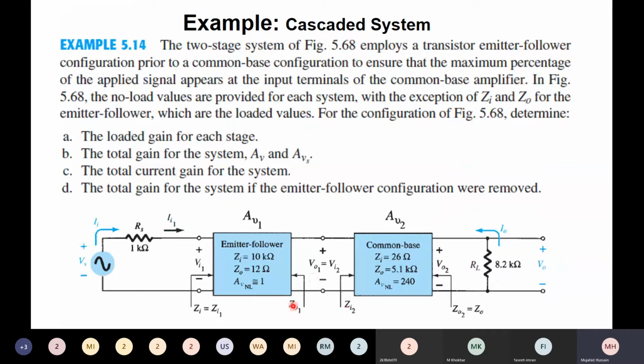To find V naught 1, we write the input impedance of this stage in the numerator divided by the sum of these two, multiplied by the source voltage, because the input voltage will be the input times the voltage gain.